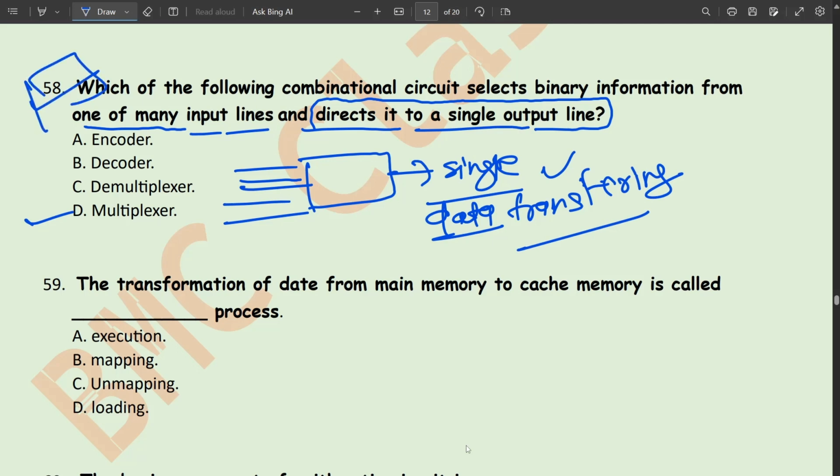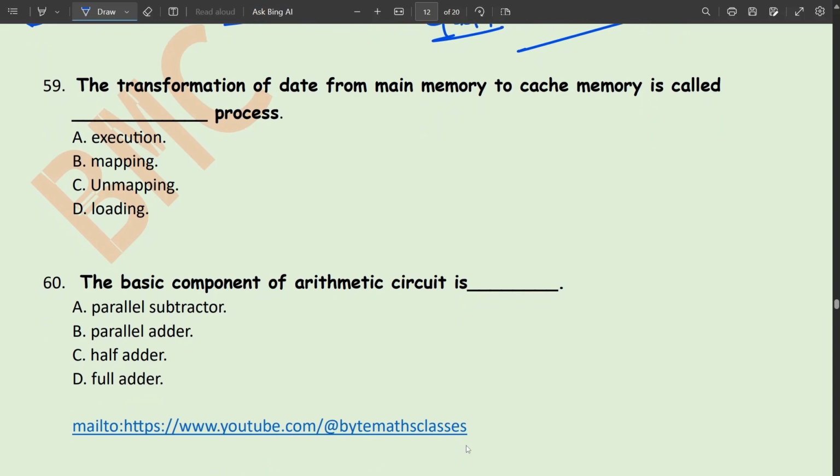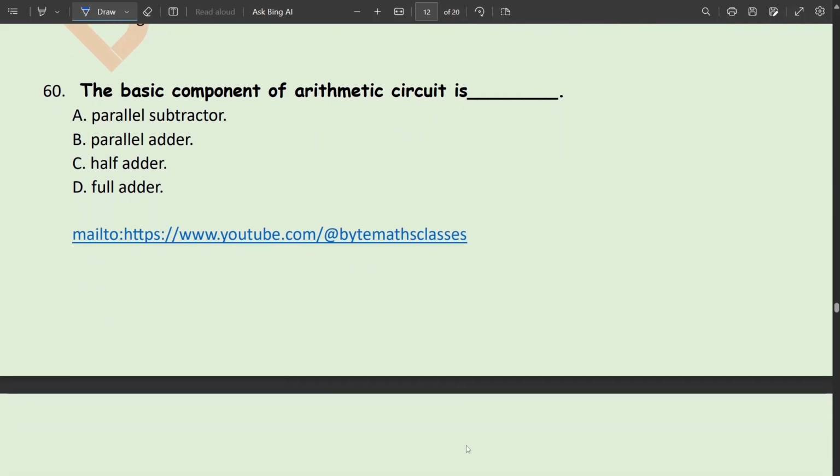Next, the transformation of data from main memory to cache memory is called a process. So the answer is option number B, mapping. The basic component of arithmetic circuit is what? Parallel adder.